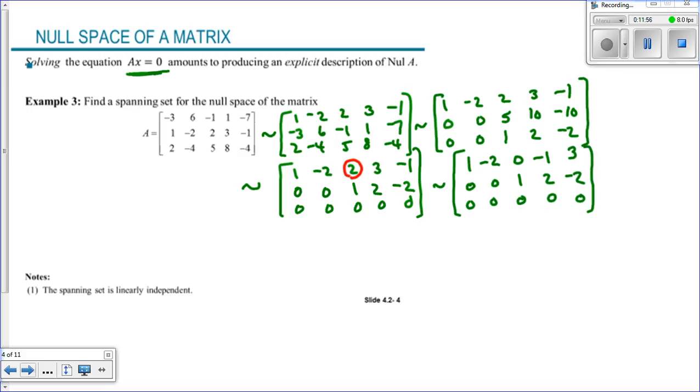Now solve for all the basic variables. So we know that x1 will be equal to twice x2 plus x4 minus 3x5. I want to rewrite it as a system of equations and then solve for x1, solve for x3. x3 will be minus 2x4 plus 2x5. And we have that x2, x4, and x5 are all free variables.